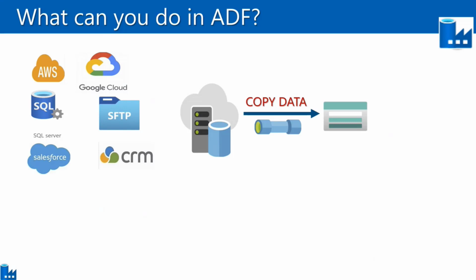You can move your data from systems like Salesforce, CRM 365, or you can have an Azure Function, HTTP Web Call, or REST API, which you can call as well. So these are the simple data sources I have shown you here, but you can have many more data sources.